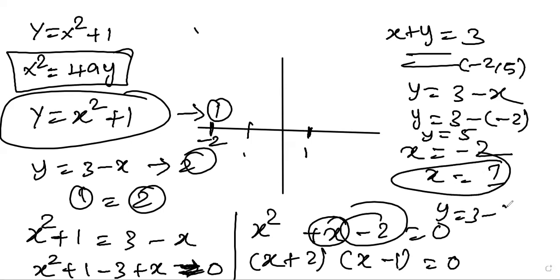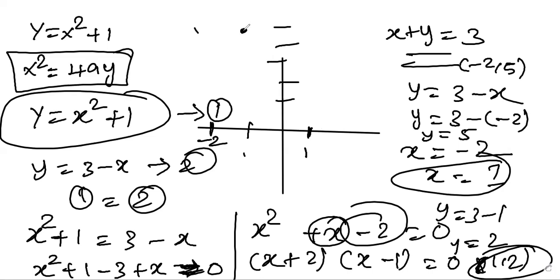It's going to be y equal to 3 minus 1, which is 2. So that would be 1 comma 2. So it's minus 2 comma 5 and 1 comma 2. Minus 2 comma 5 means like 1, 2, 3, 4, 5, maybe over here. And 1 comma 2 means maybe over here.